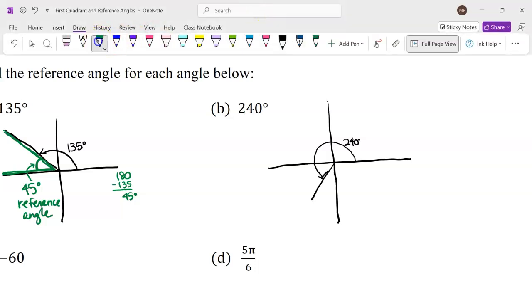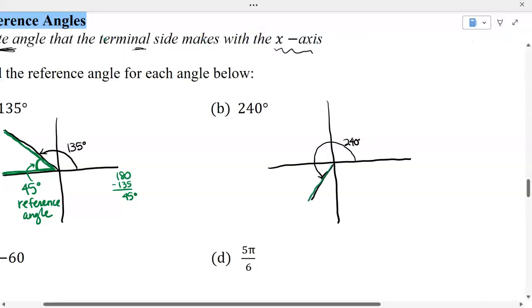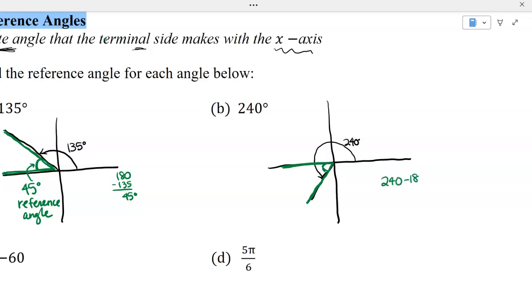And remember, we're going to use this terminal side of the angle, which I'm highlighting in green, and our x-axis to find our reference angle. So what I've highlighted in green is our reference angle. And this time, to find our reference angle, we're going to take 240, because it's the bigger number, and just subtract 180. And we end up finding that our reference angle is 60 degrees. So this is a 60-degree reference angle.